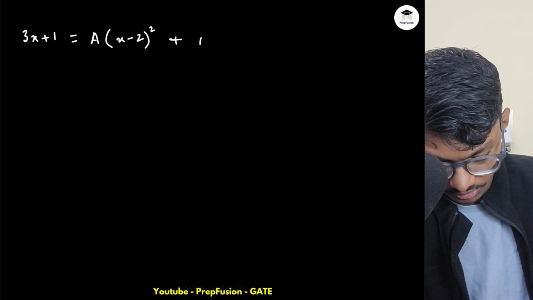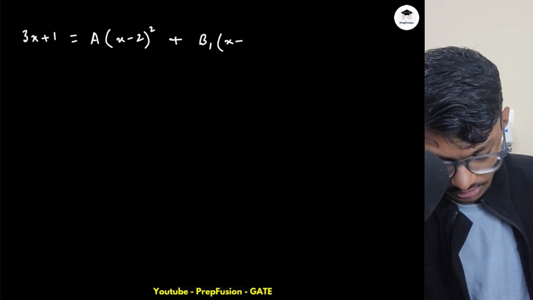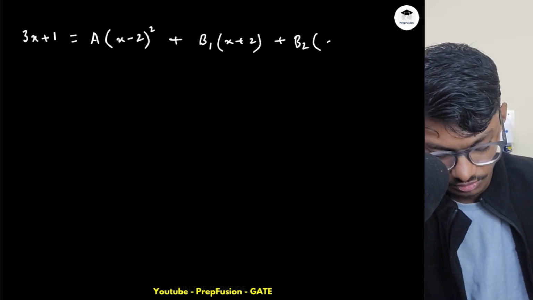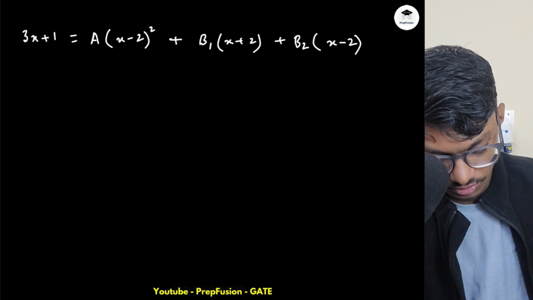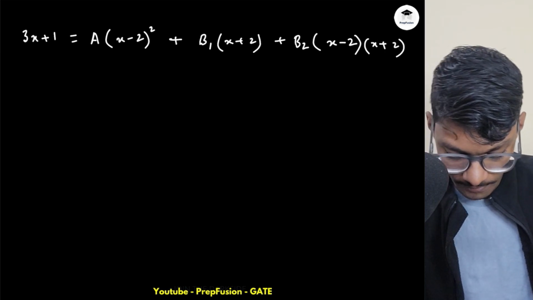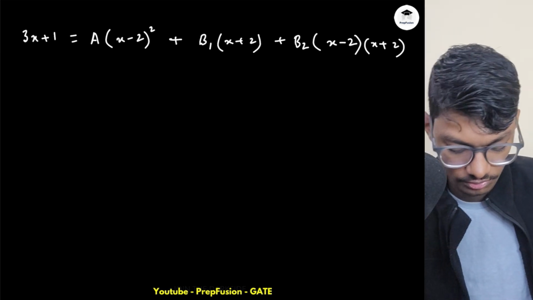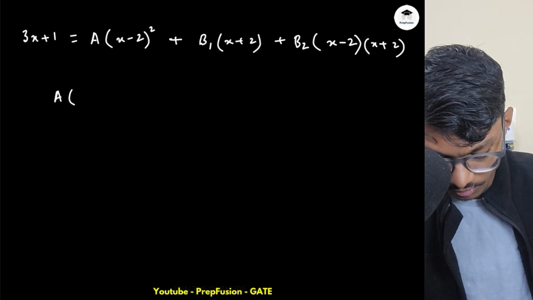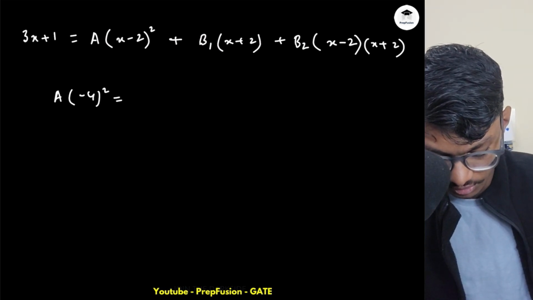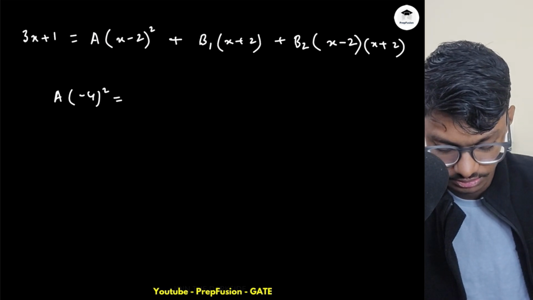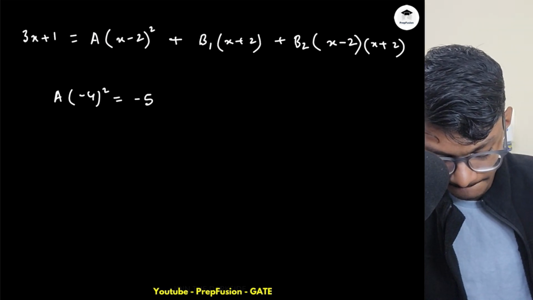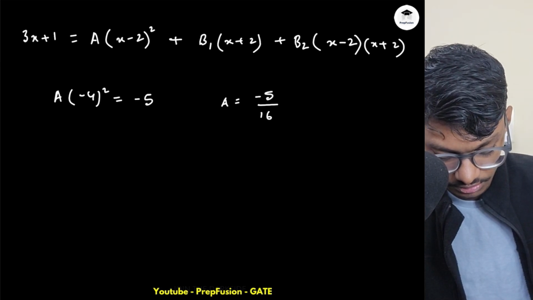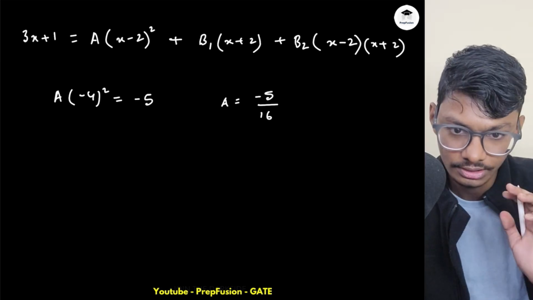So plus this will be b1 into x plus 2, and b2 into x minus 2 and x plus 2. Now if I put x equals to minus 2, this will go to 0, this will go to 0, and this will remain. This will be a into minus 4 whole square equals to minus 6 and plus 1, so this is minus 5. So a will be equals to minus 5 by 16.